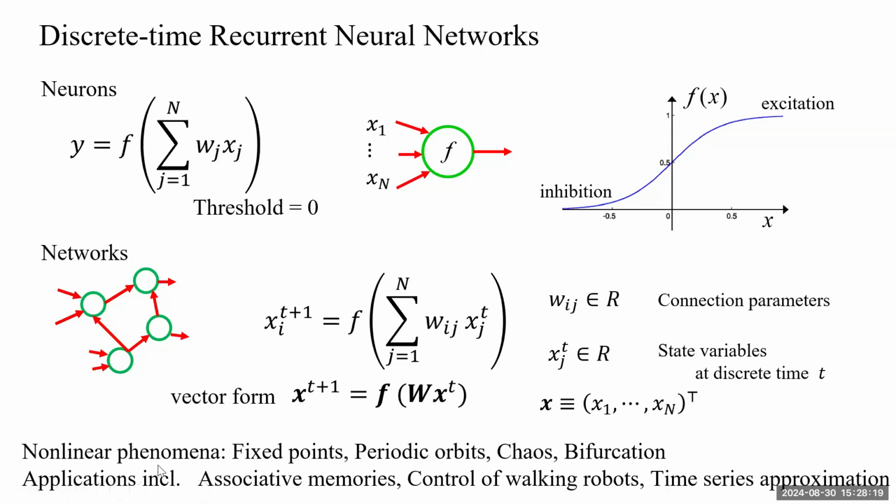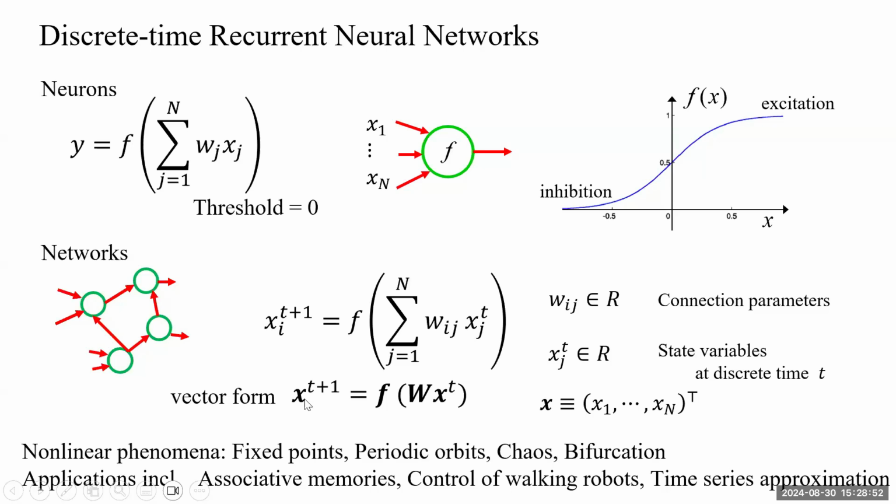Then this is a very high-dimensional nonlinear system. It exhibits nonlinear phenomena. As stated earlier, a very simple difference equation exhibits very complicated dynamics. This dynamical system can exhibit a variety of complex nonlinear phenomena, multiple fixed points, periodic orbits, chaos, hyperchaos, and bifurcation.